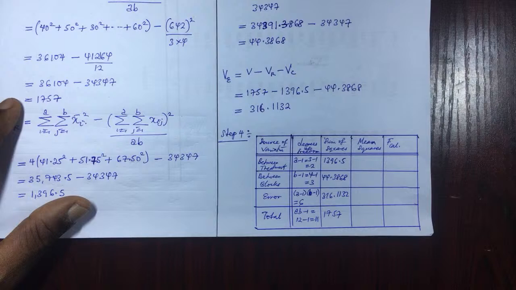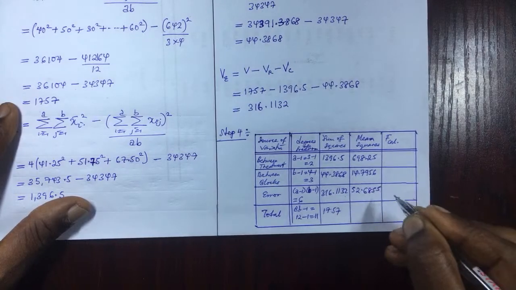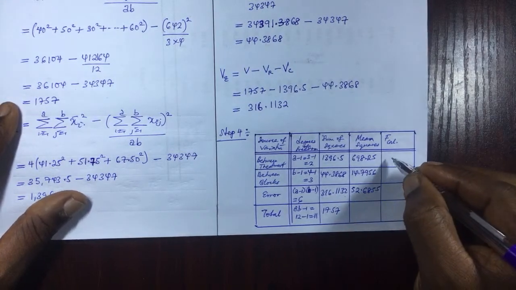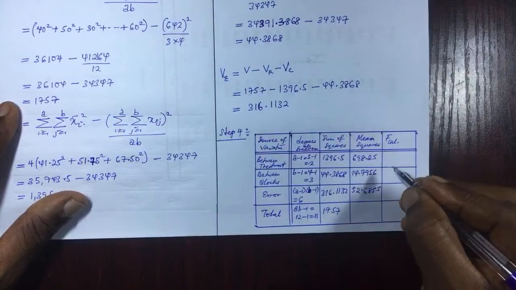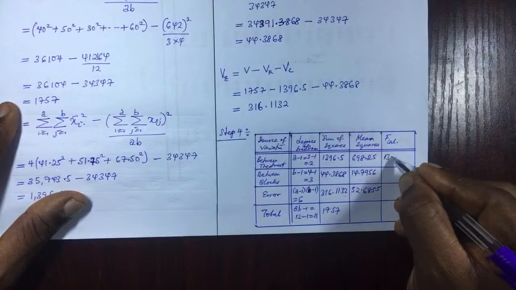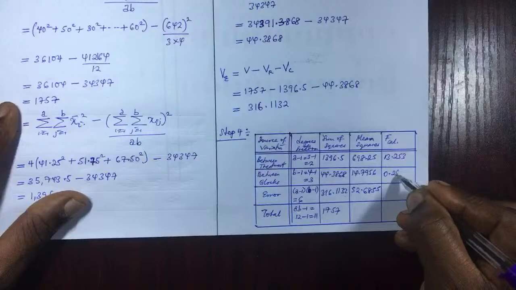So for the error, the mean squared error, you would use 6 to divide the sum of squares, and you would have your result to be 52.6855. Now, that gives us, for our F calculated, 13.253 and 0.281.